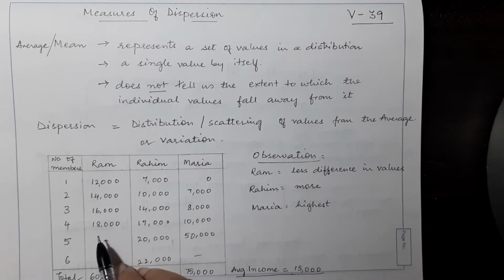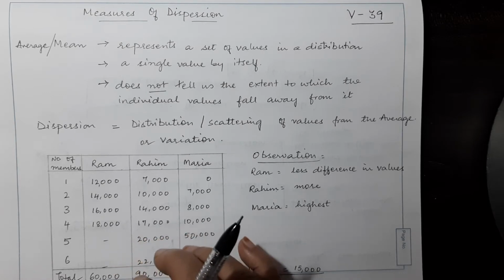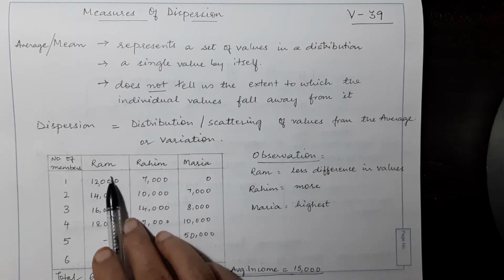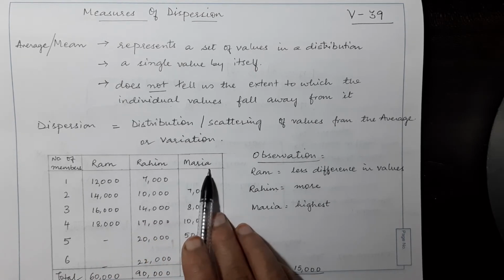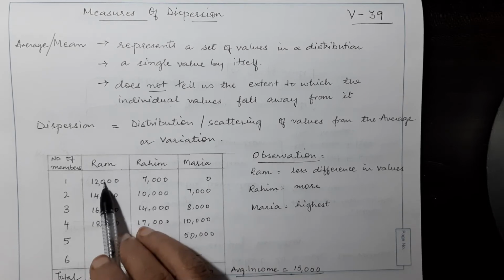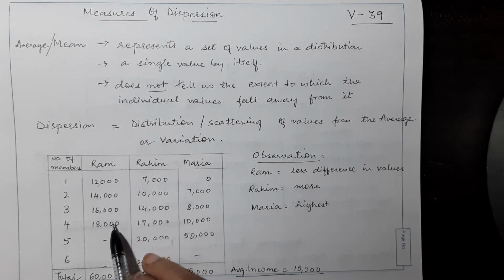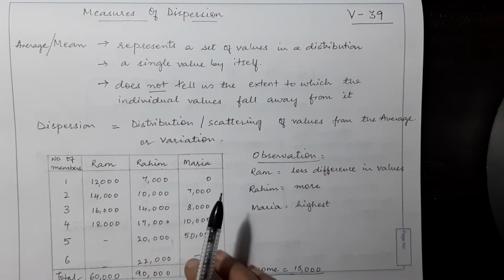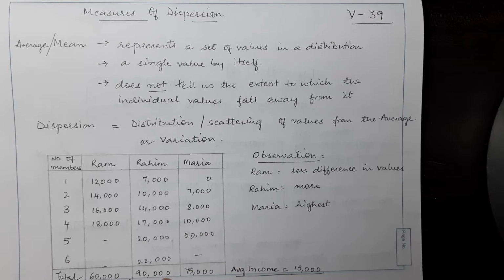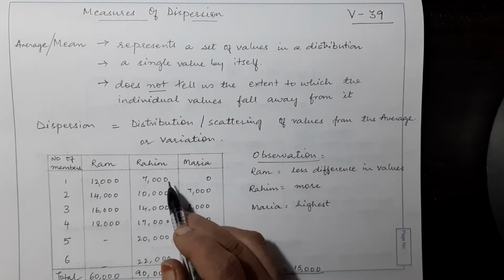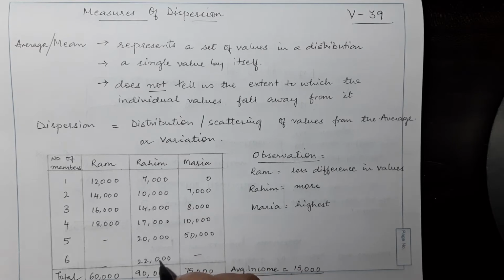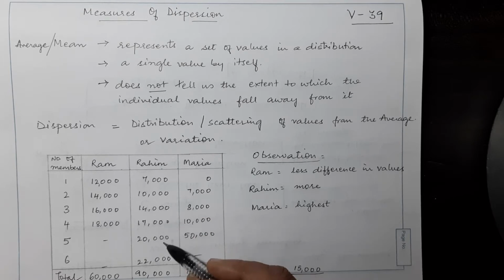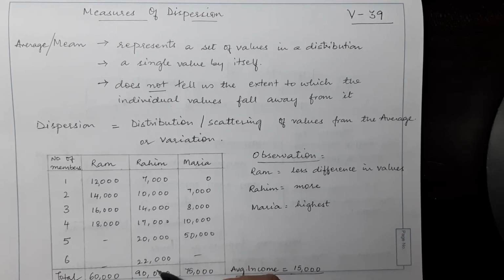It says the family income of three friends, Ram, Rahim and Maria. Ram talks of four members in the family who earn 12,000, 14,000, 16,000, 18,000 rupees, and it totals up to 60,000. And Rahim's family, there are six members and all of them earn 7,000, 10,000, 14,000, 17,000, 20,000, 22,000 rupees.